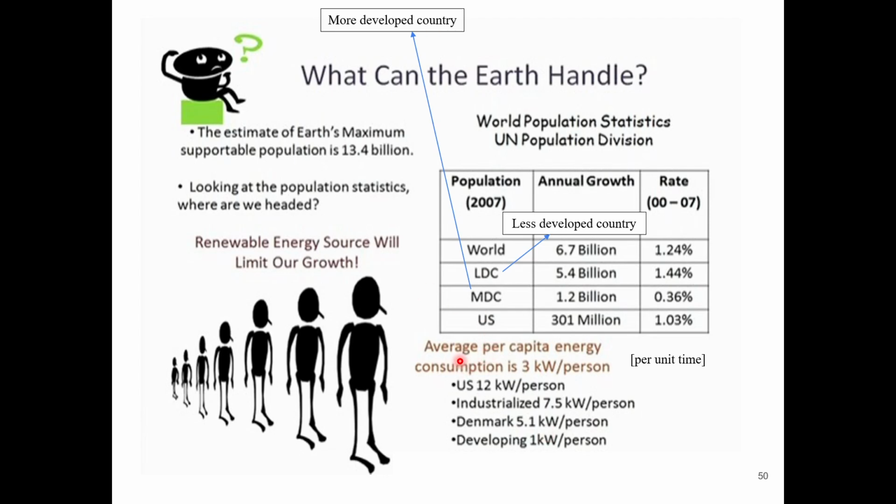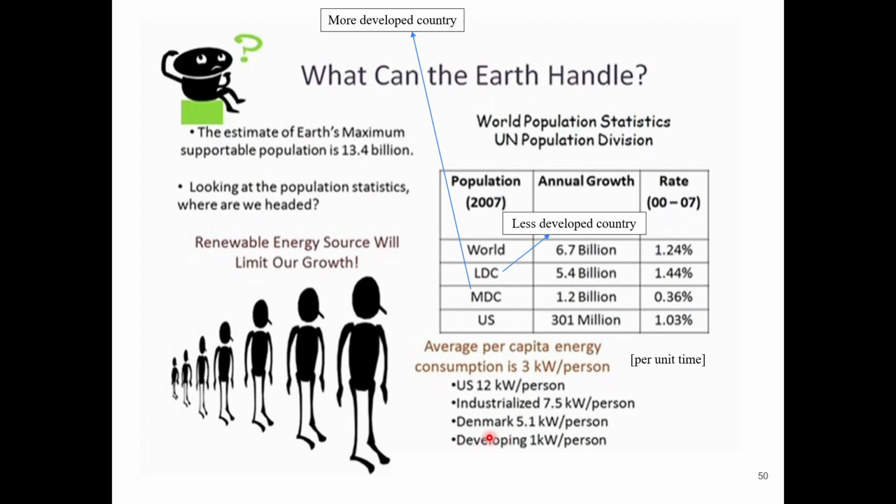If we talk about average per capita energy consumption, globally it was 3 kilowatts per person. In the US alone, the consumption was 4 times that, 12 kilowatts per person. In industrialized places it was 2.5 times, which was 7.5 kilowatts per person.